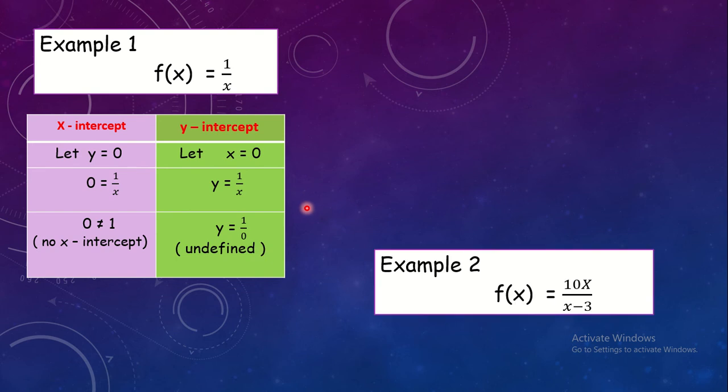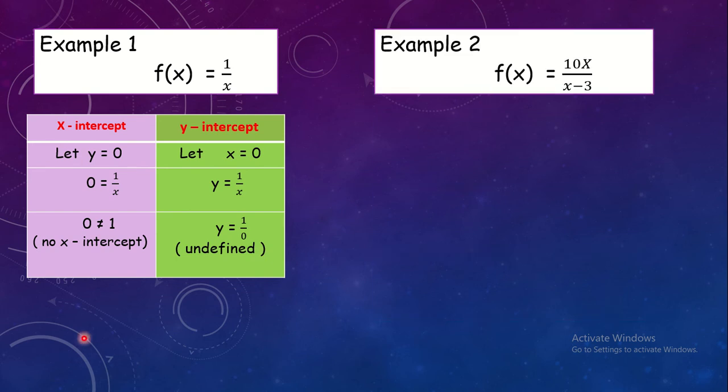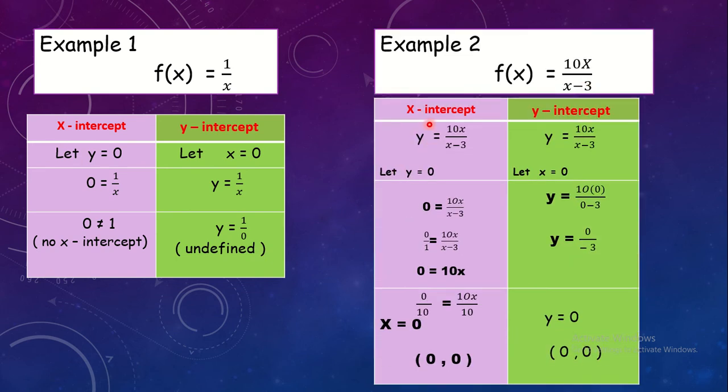Okay? Example number 2. f of x is equal to 10x over x minus 3. So we have here the x-intercept and the y-intercept. For the x-intercept, let y equal to 0. So tingnan nyo to. Okay? So change lang natin yung y ng 0 and then cross multiplication yan guys.